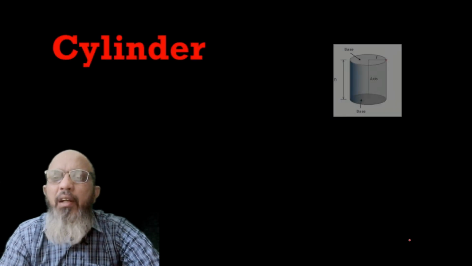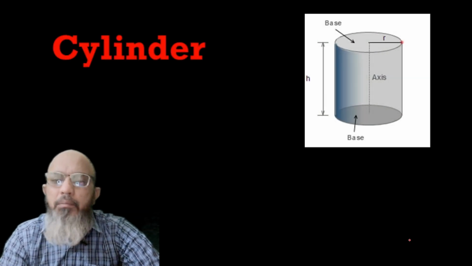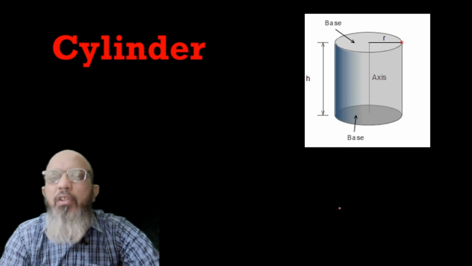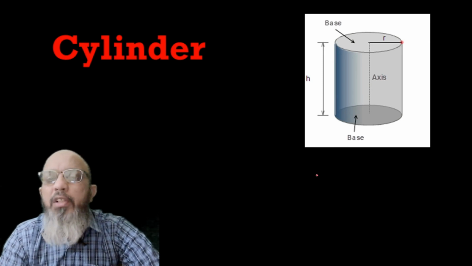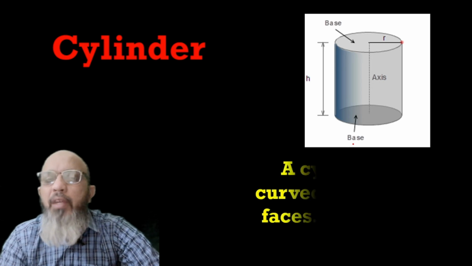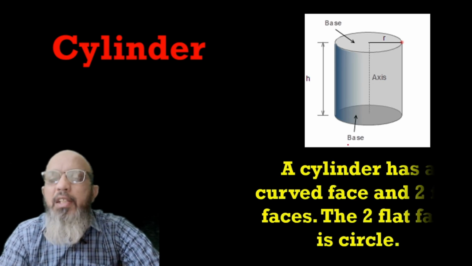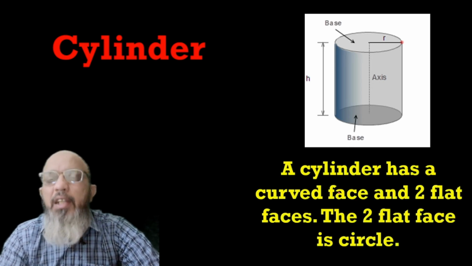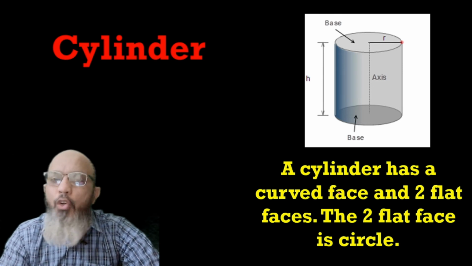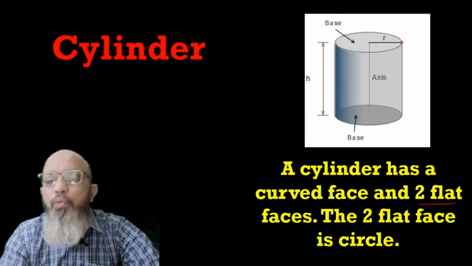That is the cylinder. You often see tins and different boxes at your home of cylindrical shape. Why do we call it a cylindrical shape? What is the difference between cone and cylinder? A cylinder has a curved face exactly the same as the cone has, but it has two flat faces.